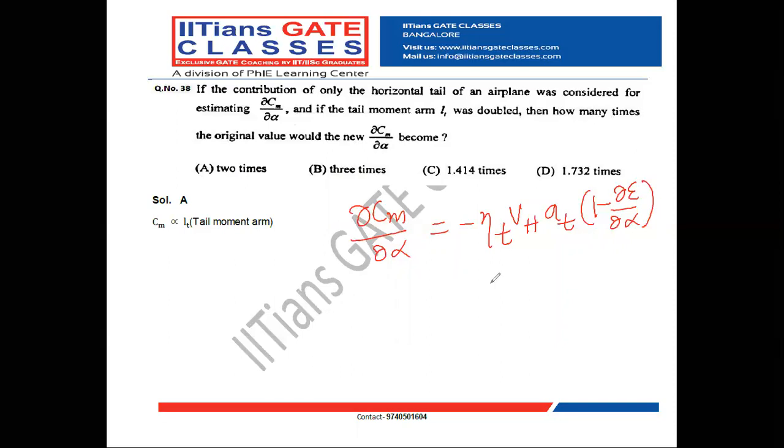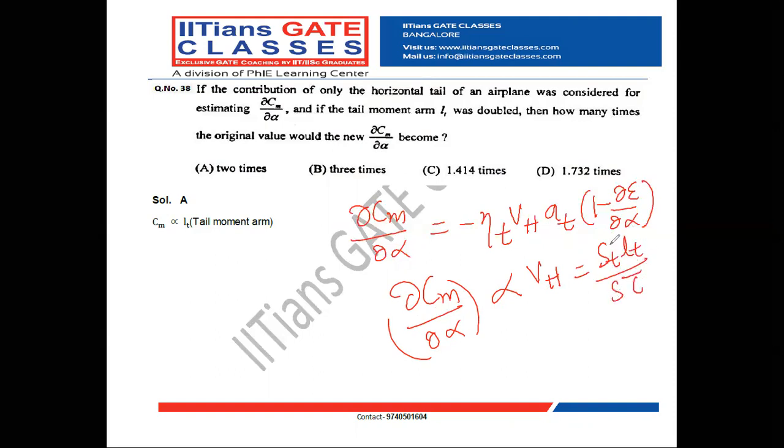So this is dCm by d alpha. For the horizontal tail alone, it is directly proportional to Vh, the tail volume coefficient, which is equal to St into lt divided by S into c, where St is the horizontal tail area, S is the wing area, lt is the tail moment arm, and c is the mean aerodynamic chord of the wing.